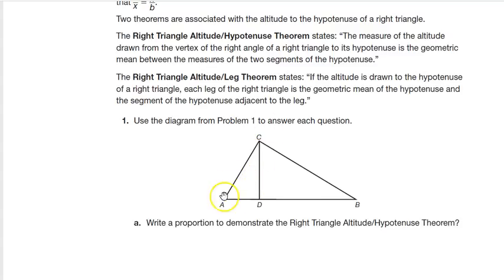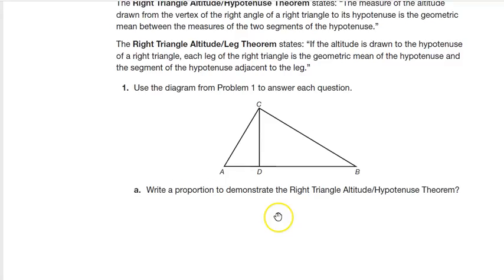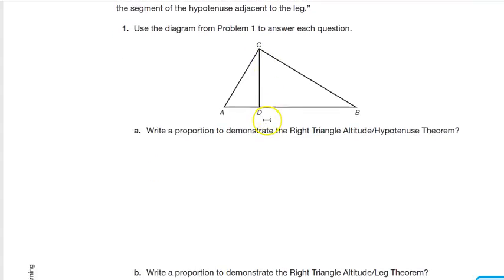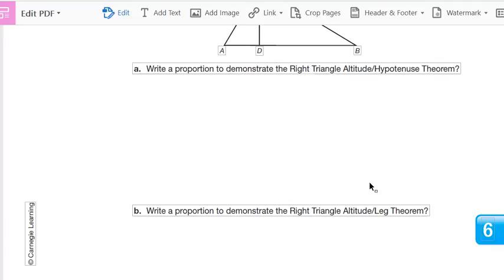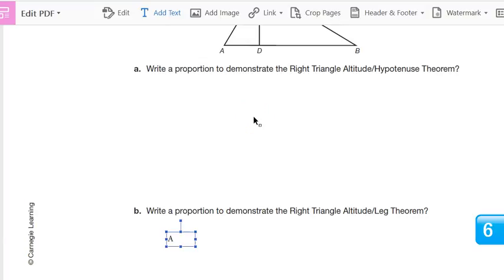Okay, so let's do this geometric mean as if you were in that original problem. Sorry about the text tool. So I can say that AD divided by CA is going to be equal to CA divided by AB.